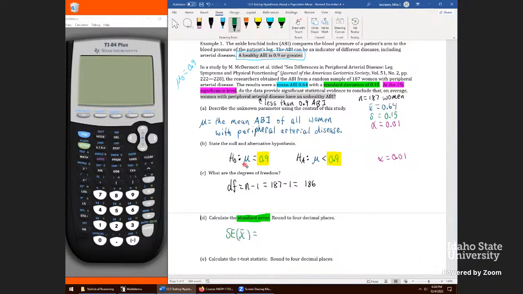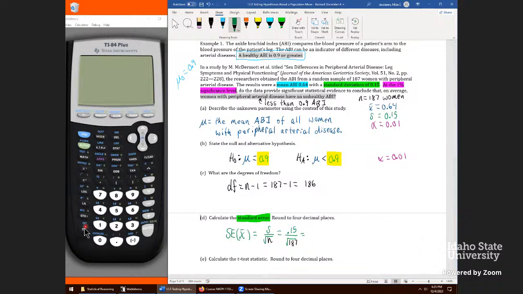Then the formula becomes S divided by the square root of the sample size n. So really, we're just starting to substitute in values and throw things into the calculator at this stage. S from the very top up here is at 0.15. We're dividing by the root of 187.